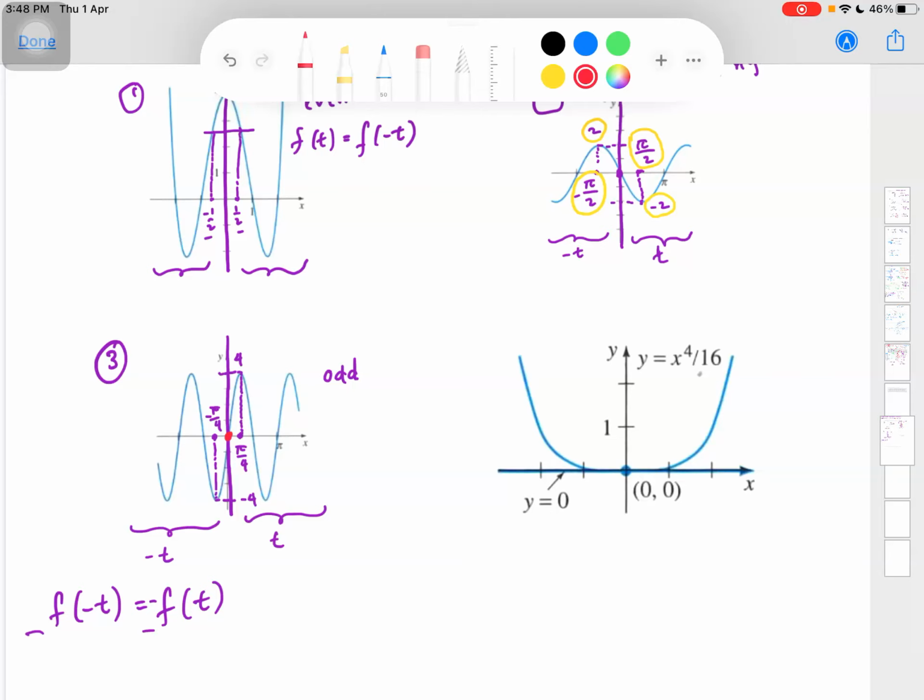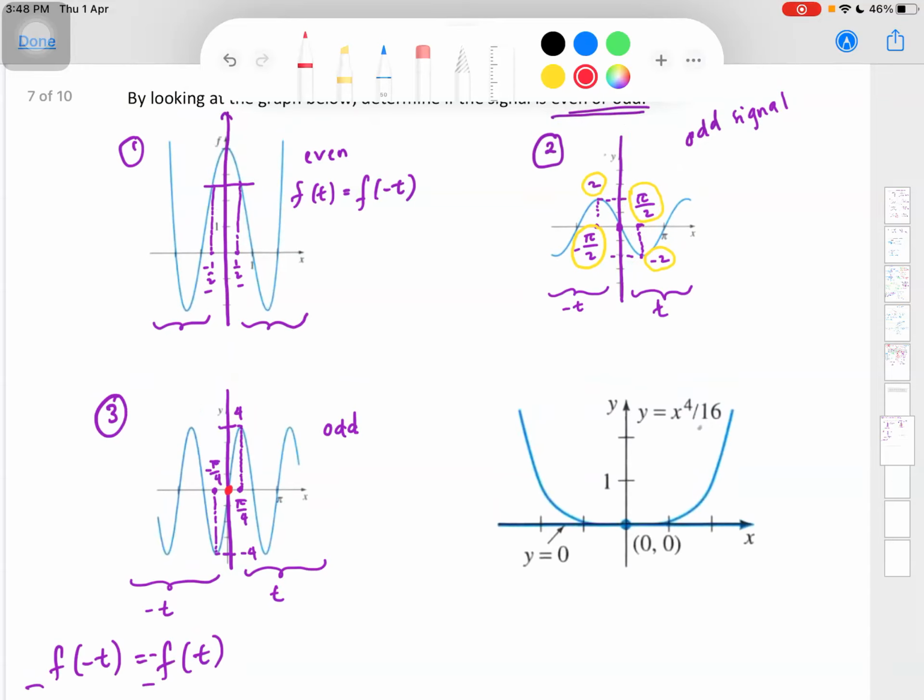So this signal is an odd signal. But when a signal passes through the origin, it is not necessarily odd, it can also be even. But if you look at signal number 1, this signal doesn't pass through the origin, therefore it cannot be odd. So it can either be even or neither odd nor even.